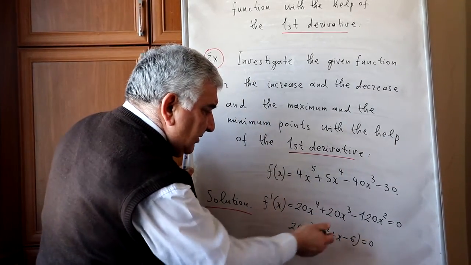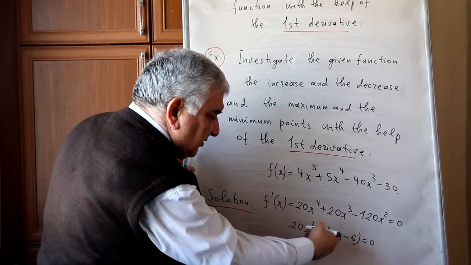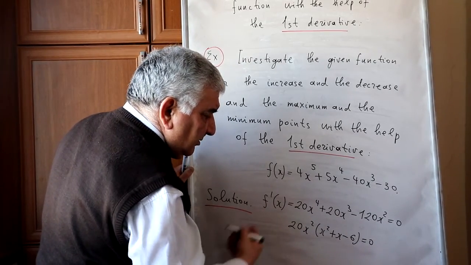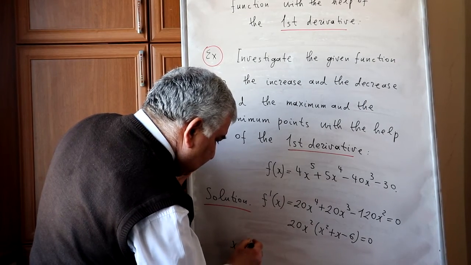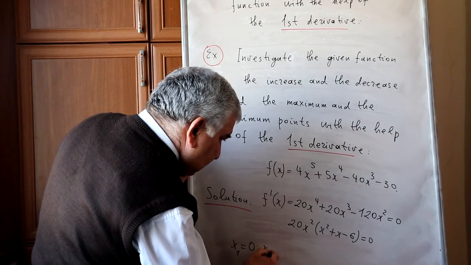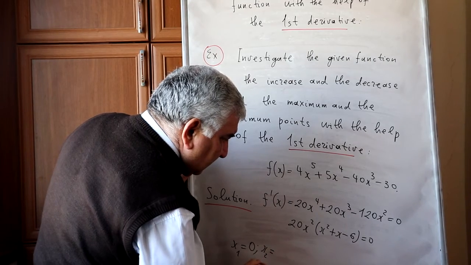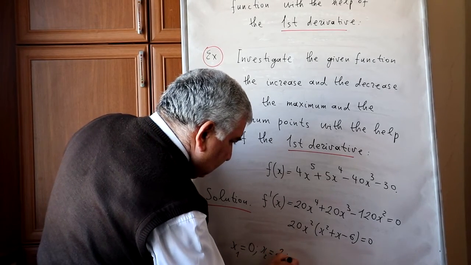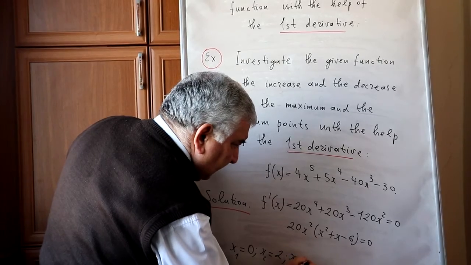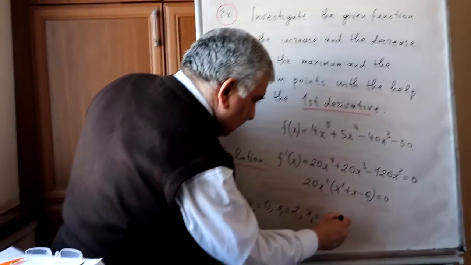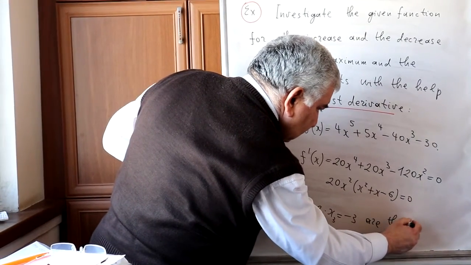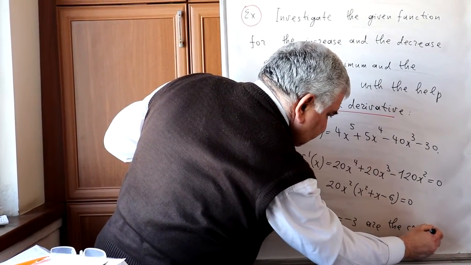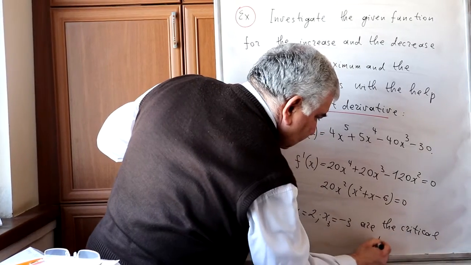Then find the roots of the obtained equation. x first is 0, x second is 2, and x third is minus 3. These are the critical points.